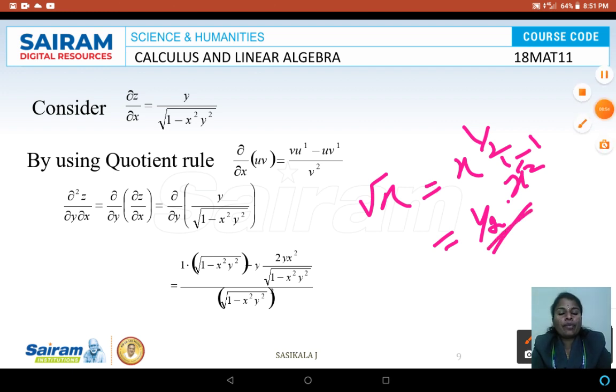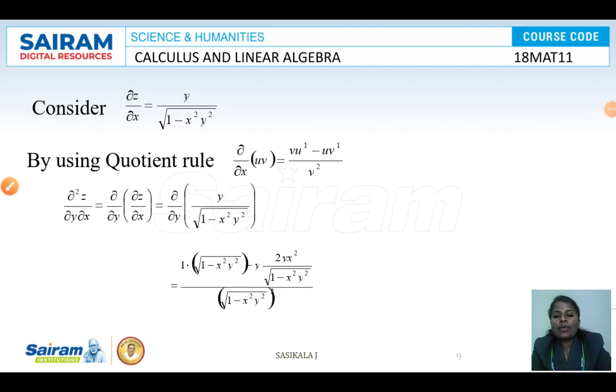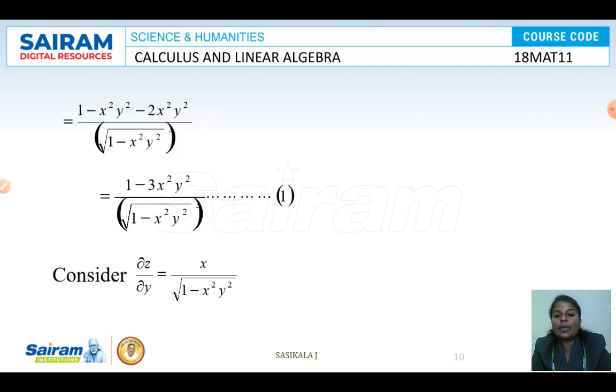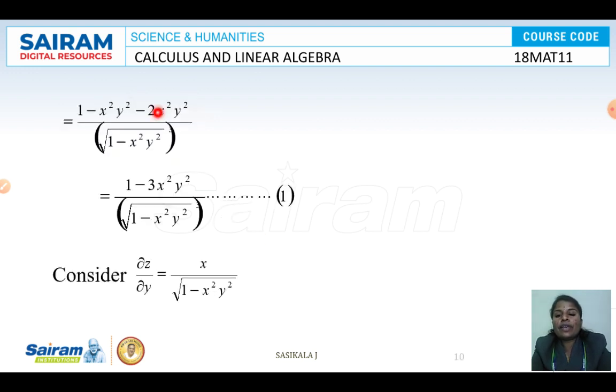So now you can see, do the simplification. Take an LCM of root of 1 minus x squared y squared. It will become 1 minus x squared y squared minus, it will be 2 terms, so 2 into x squared y squared. Then you can simplify, this will become 3x squared y squared by the denominator term.